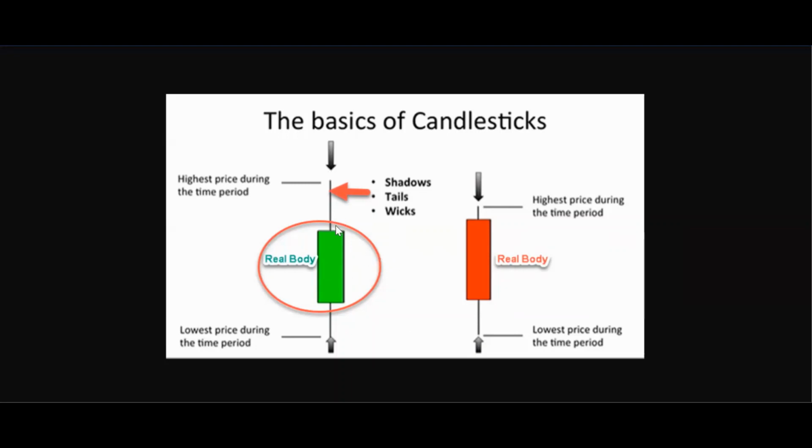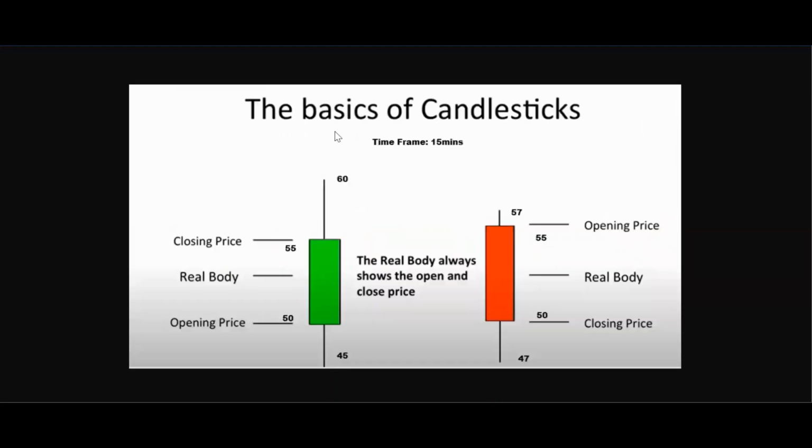Then if we look at the lines above the real body and below the real body, these are called shadows, tails, or wicks in the market language. And these lines represent the highest price and lowest price made by the candle in that time frame. Whereas the real bodies are formed using the open price and close price of that stock in that candle time frame. So now let us take an example and discuss in more detail the candle formation.